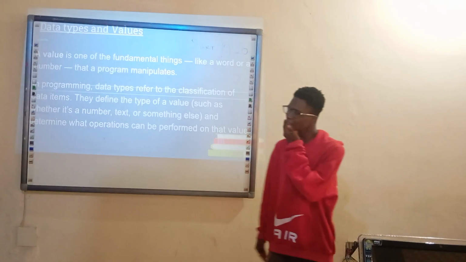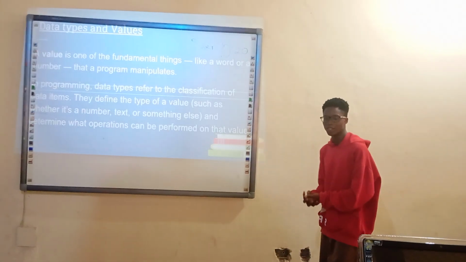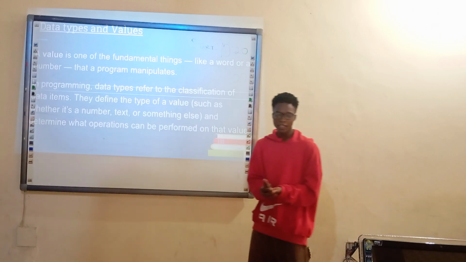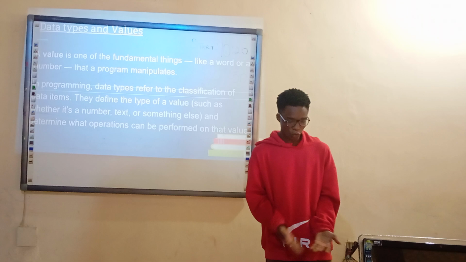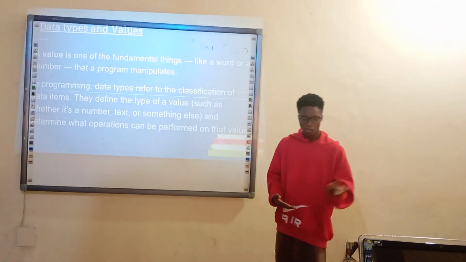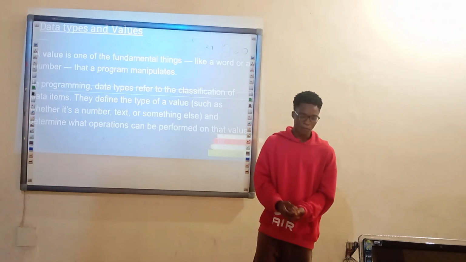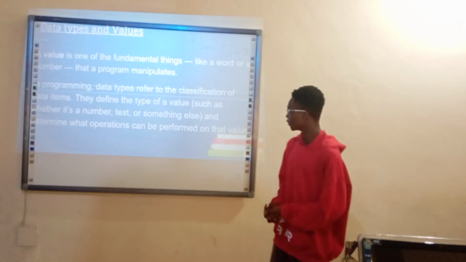So in programming, data type refers to the classification of data items. They define the types of values, such as whether it is an integer, a float, a string, or something else, and it determines the operations that can be performed on the value.